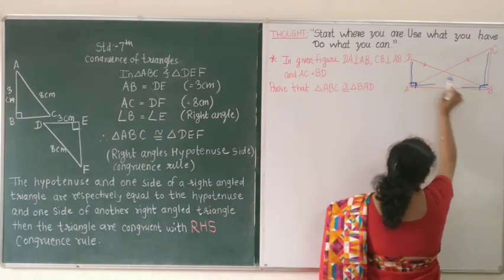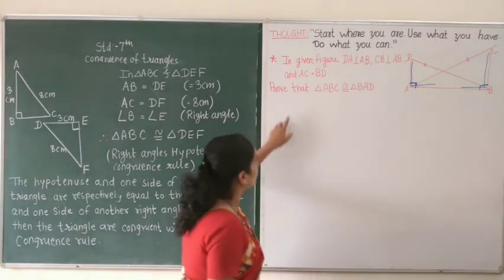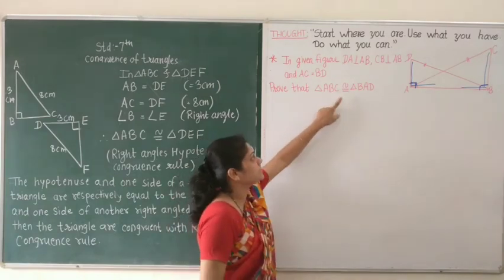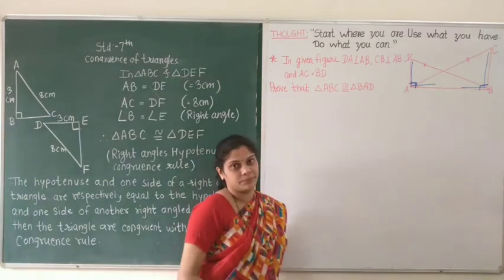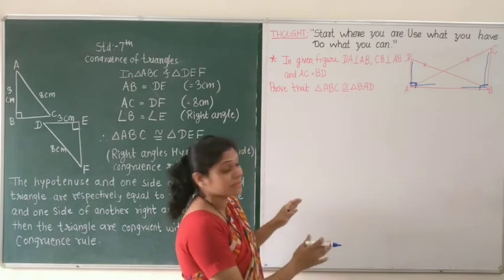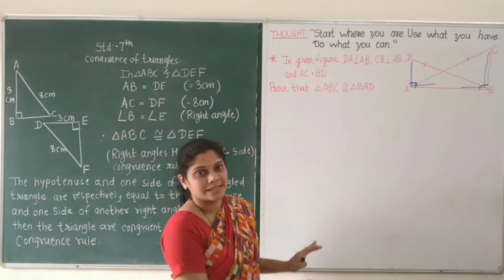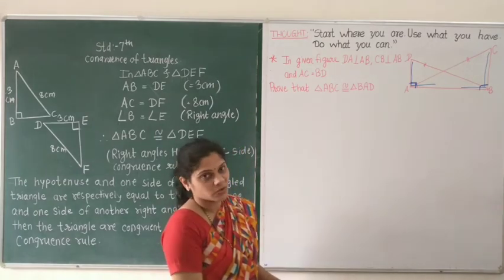Now you have to prove that triangle ABC is congruent to triangle BAD. Perpendicular is given, that means 90 degree angle, that means the RHS congruence rule.